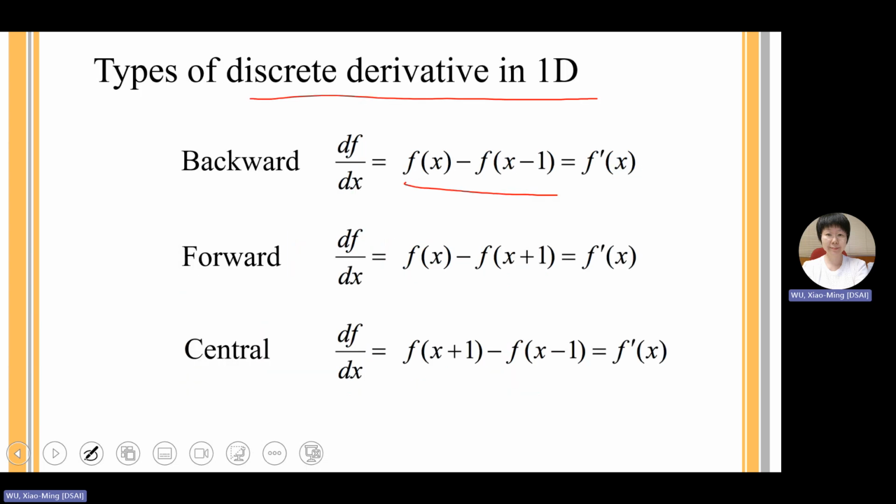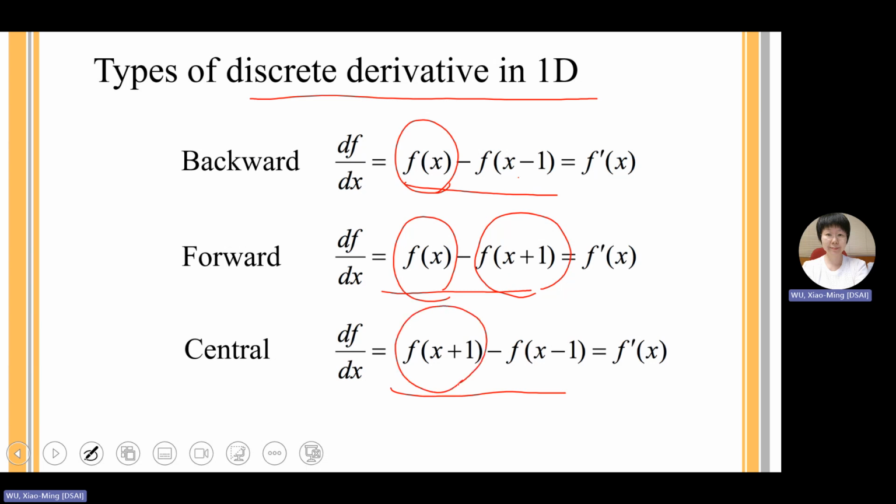It calculates the difference between the current pixel and the pixel to its left. This one is called the forward filter. It calculates the difference of the current pixel and the pixel to its right. And this one is called the central filter because it calculates the difference between the pixel to its right and the pixel to its left.